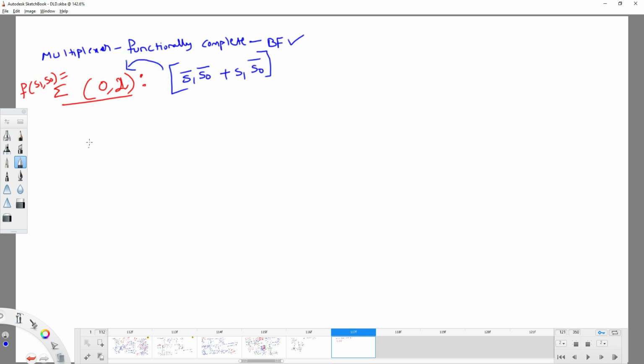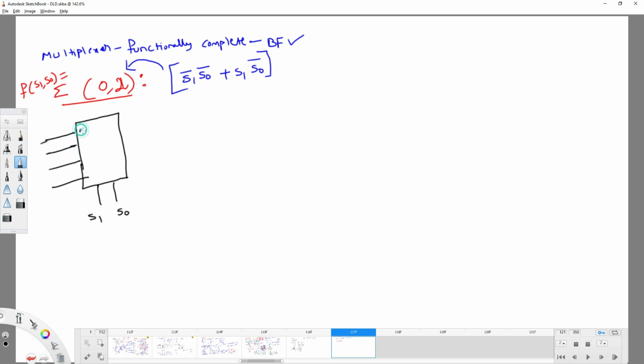Now can I represent the same output in terms of a 4x1 mux? As I am going to have two variables, S1 and S0, these are the inputs. Now how many input lines are possible? 4 input lines are possible.